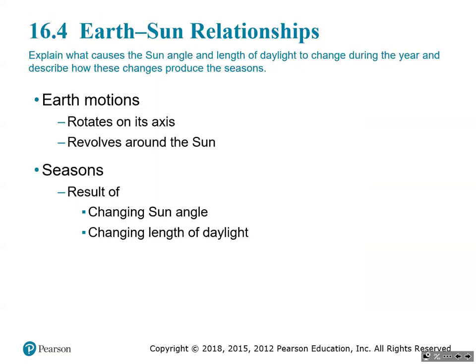Now, the Earth and the Sun. Let's talk about the relationships between the Earth and the Sun and how things move. The Earth rotates on its axis and revolves around the Sun. The axis that the Earth rotates on is tilted with respect to the plane that it revolves around the Sun in.